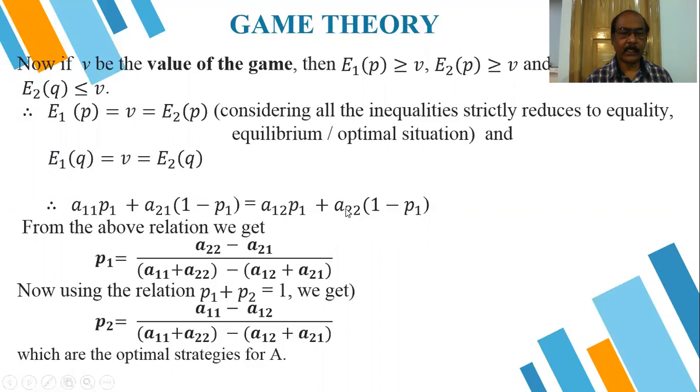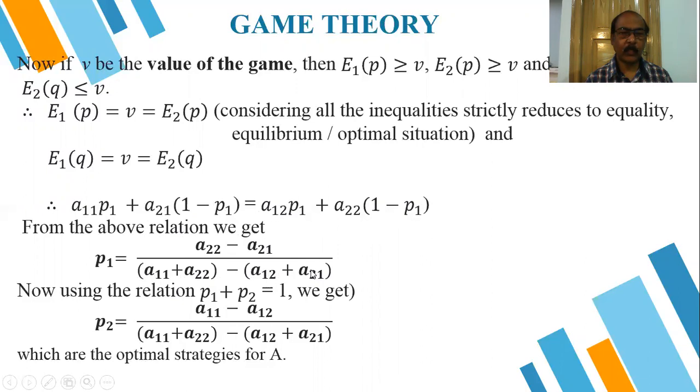So this is in the right hand side, and on the left hand side we will get P1 into (A11 plus A22, minus A21, and when it moves from the right side to the left hand side it becomes negative, so combining in one term, A12 plus A21).